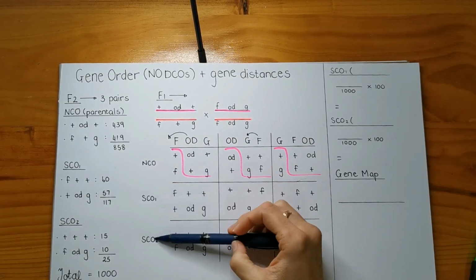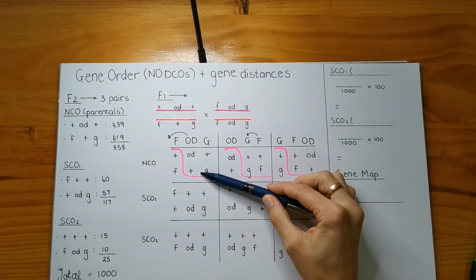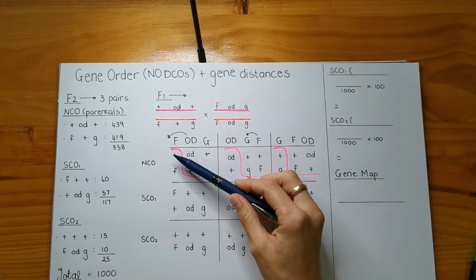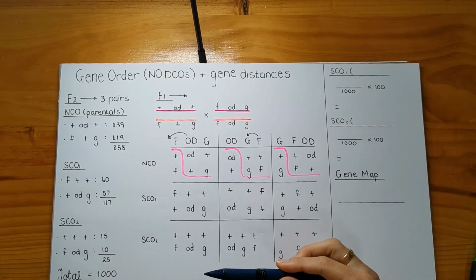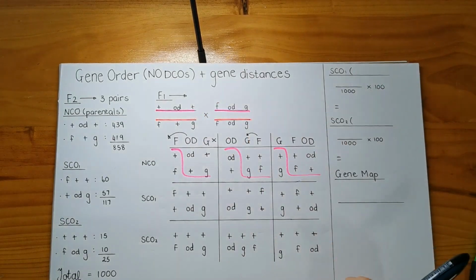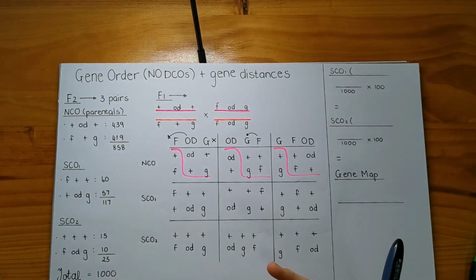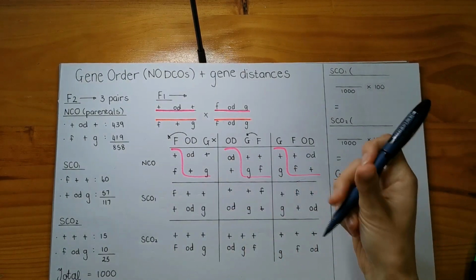We're not sure which one, so I must assess it and see, okay, if I do this cross, will I be able to find a plus plus G individual in one of my crossovers? And it looks like I don't. So this is never going to be our gene order. So I can already cut it out, which is great for us. So now it just leaves us with these two, right? So we do the same here.